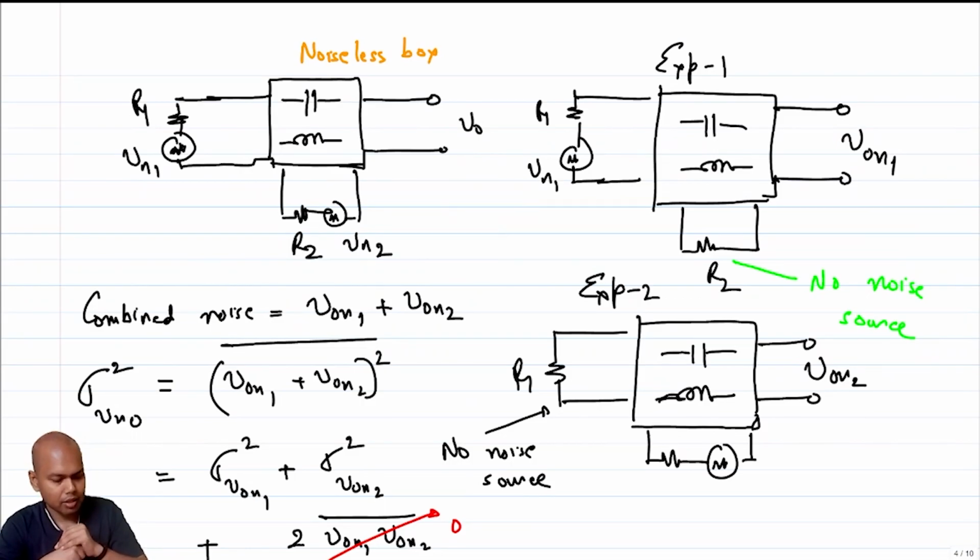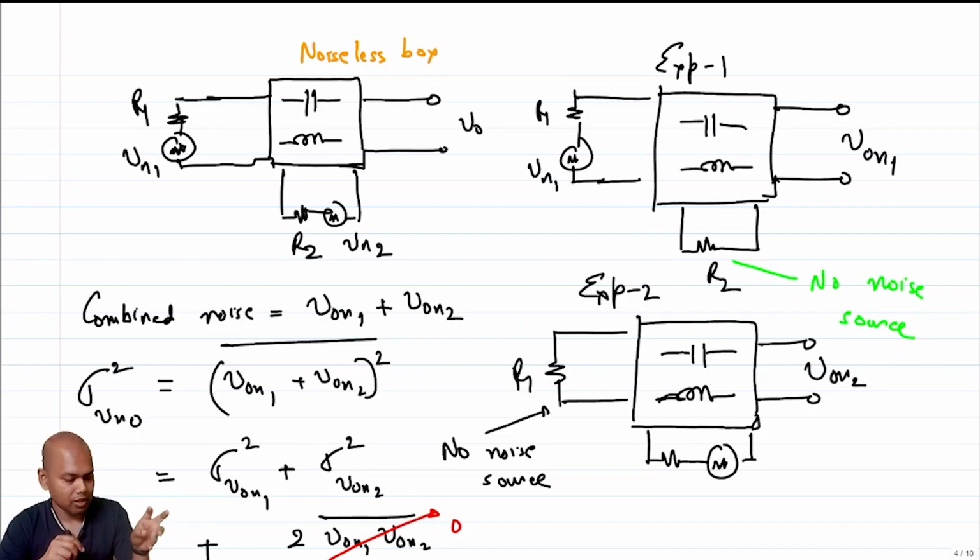Then our next analysis was how to do a noise analysis when we have multiple noise sources in a linear time invariant network. We saw that I can effectively use superposition in the power domain also when doing noise.